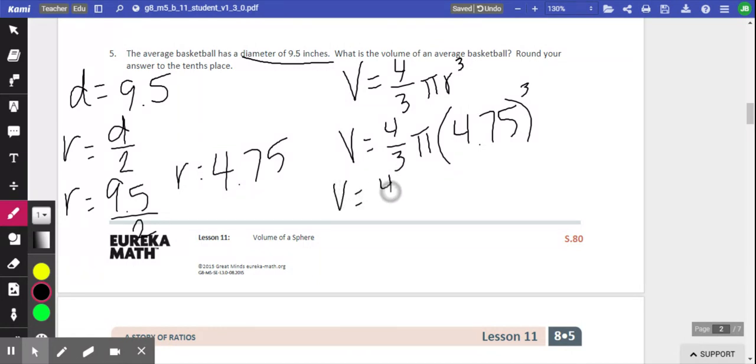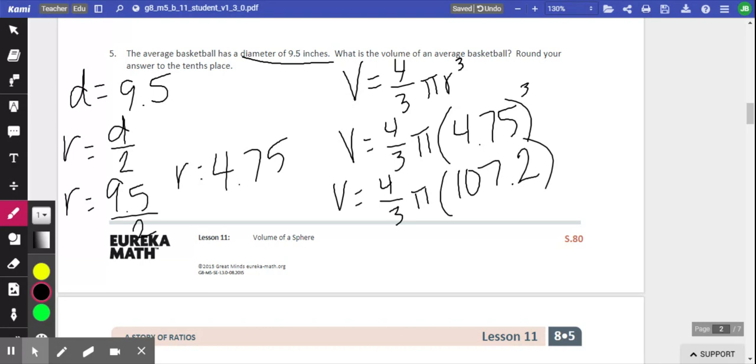So now we simplify our exponents first. So 4.75 cubed is going to give us 107.2. You round.